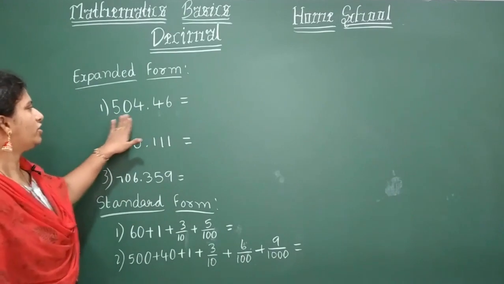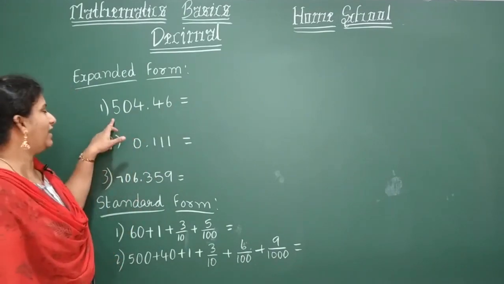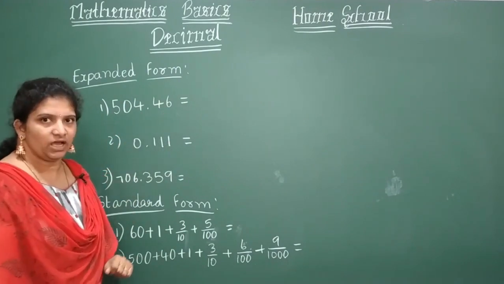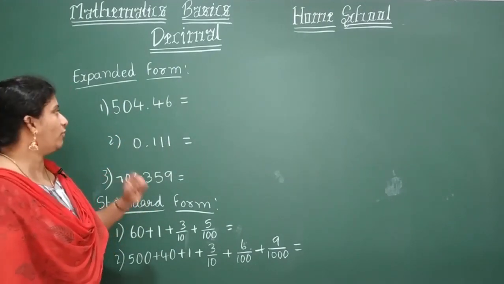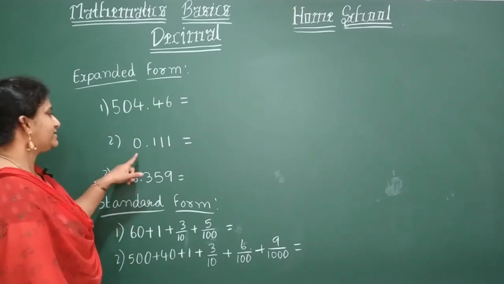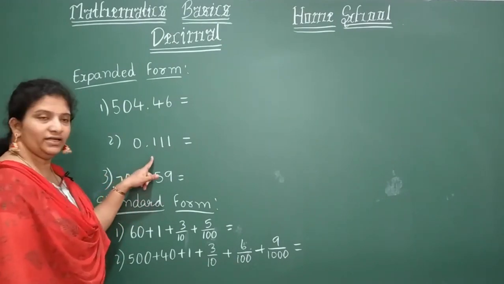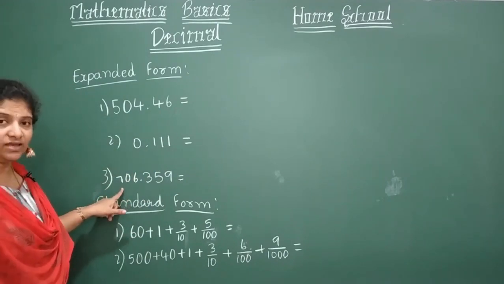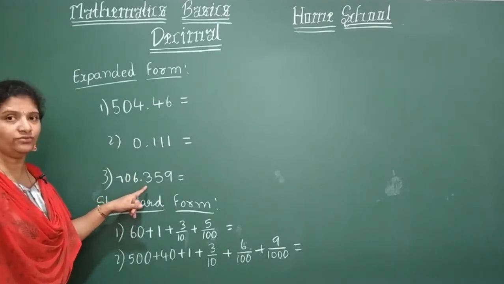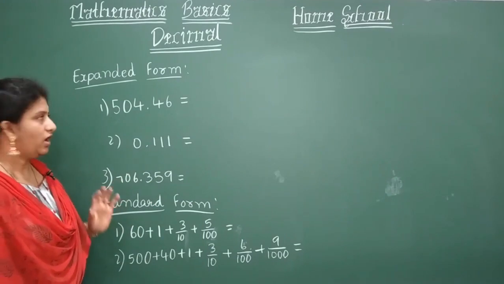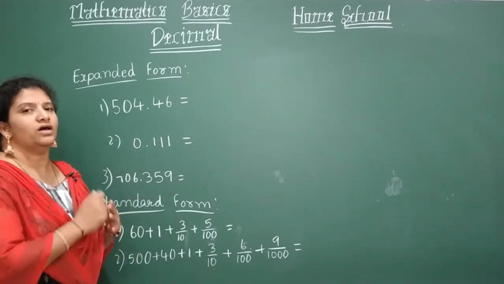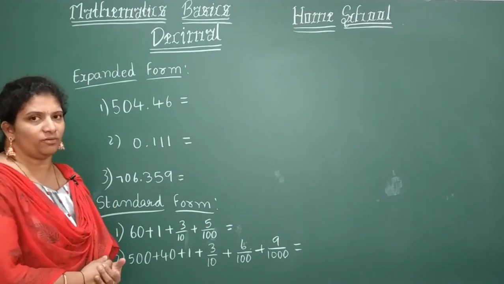Right? So how do you read this, children? 504.46. Okay, let's read this number. 0.111. And this one, 706.359.